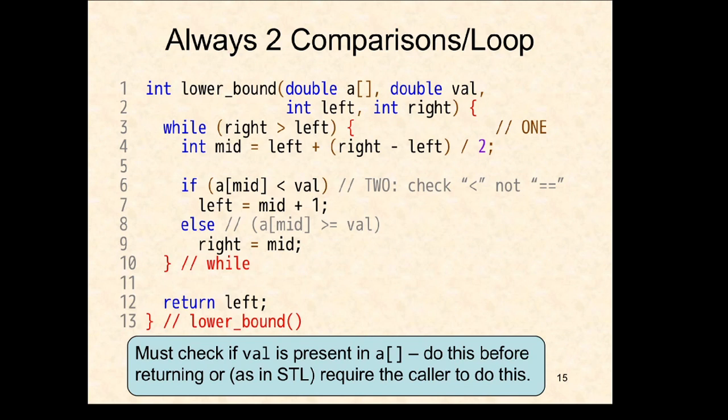Because it might be greater than or equal to, we set right equal to mid, because mid has not been completely checked. It might be greater than, it might be equal to, we don't know. So we set right equal to mid here. Now, when we're done, we return left. We always return left. We never return mid.